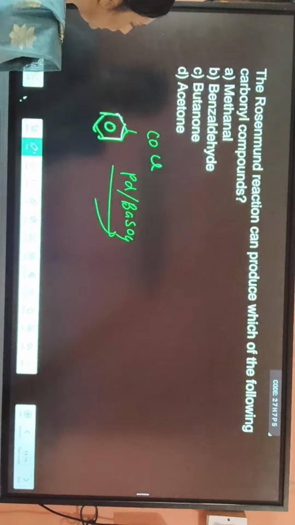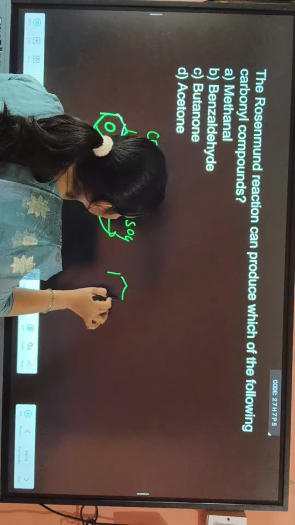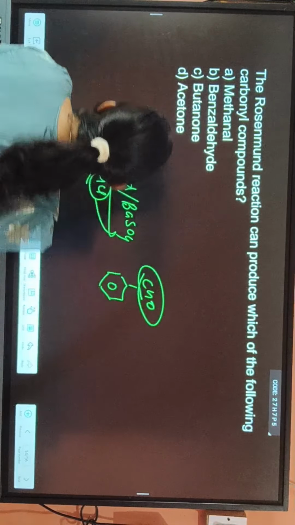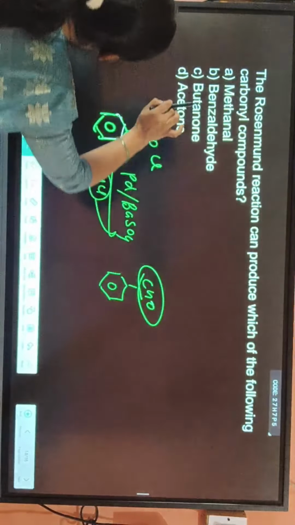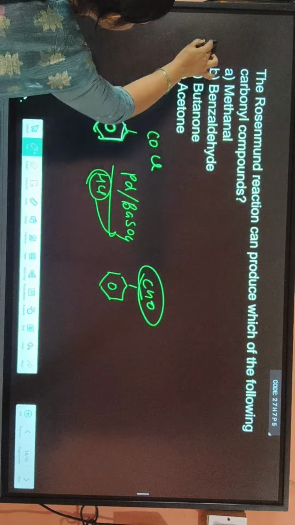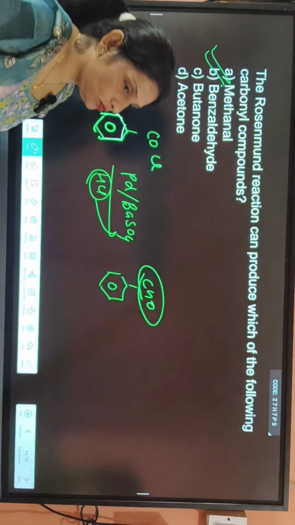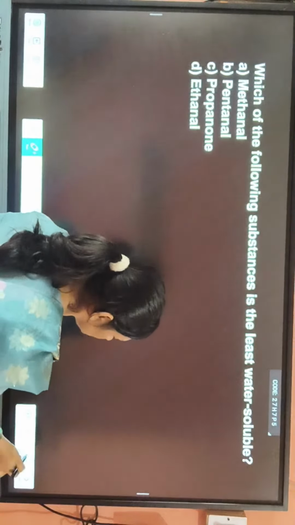Okay, then what will happen? You will get benzaldehyde. So Rosenmund reaction gives us benzaldehyde. Benzaldehyde given in option. Yes, in option B. So option B is the correct option for this.